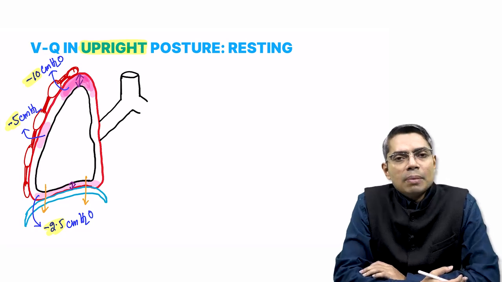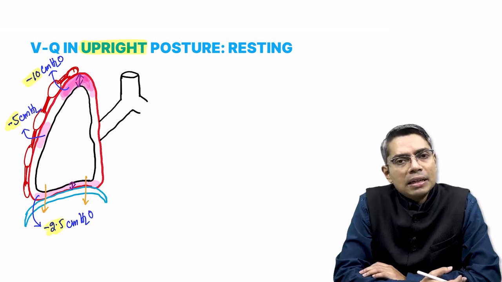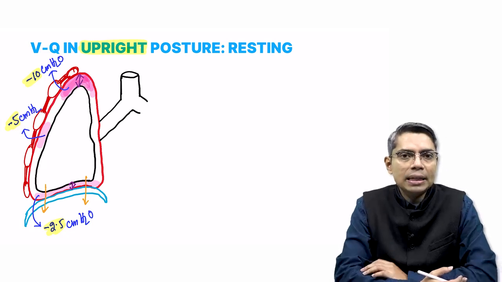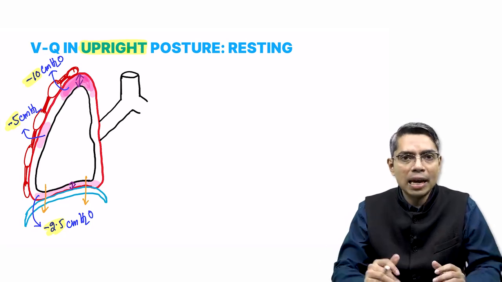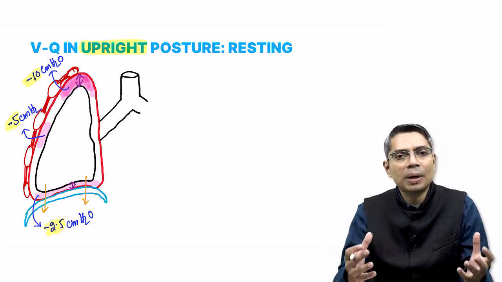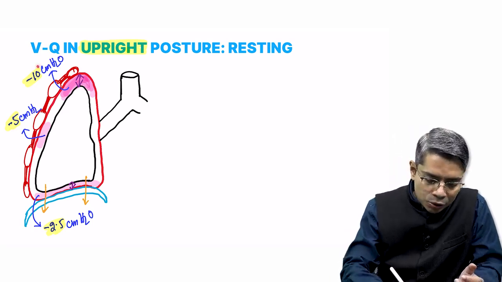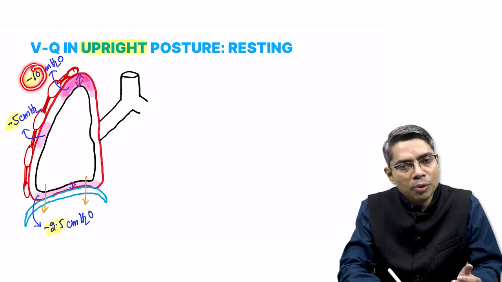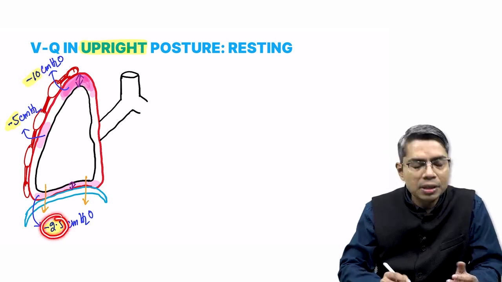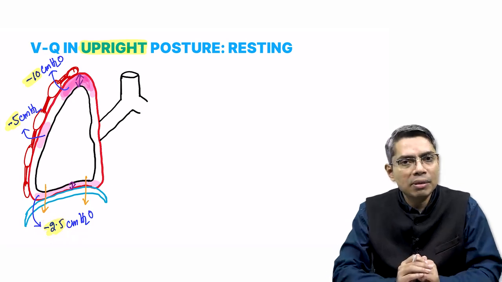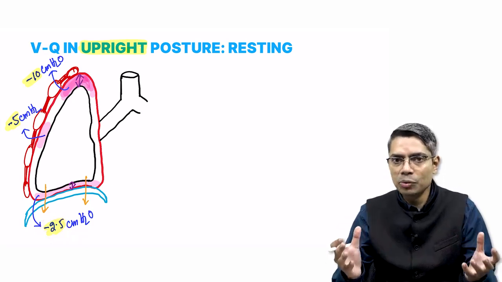Now interpleural pressure is a negative pressure. What is the advantage of the negative pressure? Could you recall? I told you the negative pressure is a stretching force on alveoli. It keeps the alveoli open in a stretched condition. So if it is more negative pressure, the stretching force on alveoli will be more, and if it is less negative pressure, then the stretching force on alveoli will be less. So alveoli are like balloons.